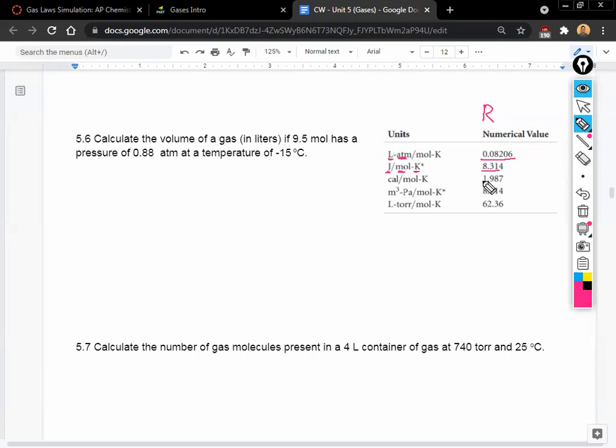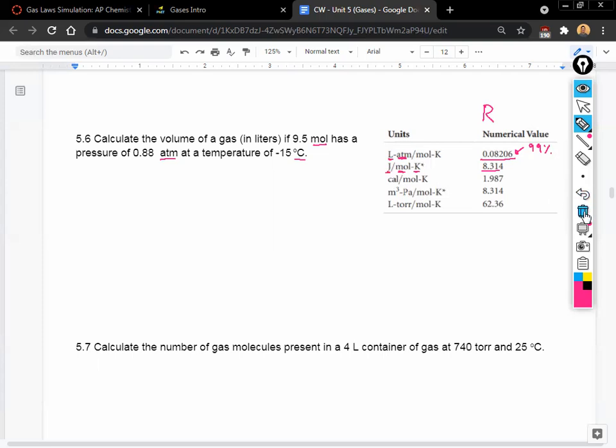So be careful of how I give you the numbers. Whether the numbers come from me or the AP test, be very wary of which units of measurement are given, because that determines what value of R you need to use. These will be provided for you, but 99% of the time you'll be using this one right here. But be careful of the units.